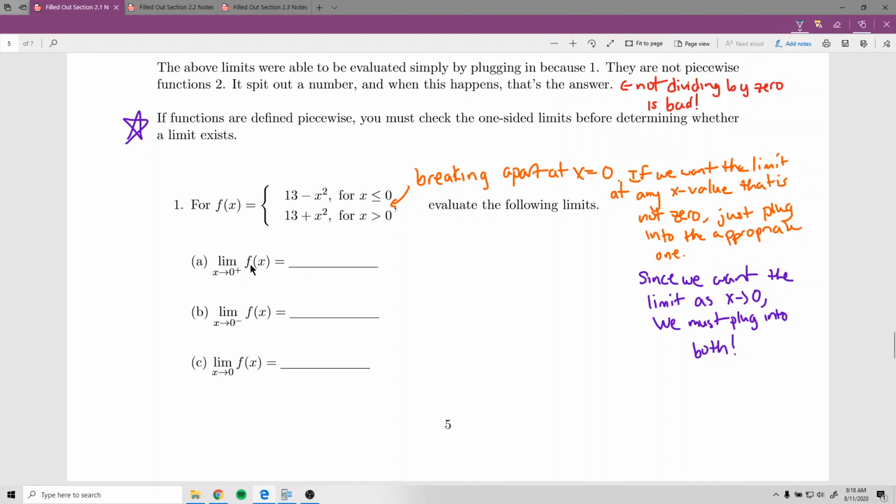All right, so the first one, just be careful here. This one asks for the limit as x goes to 0 from the right first.